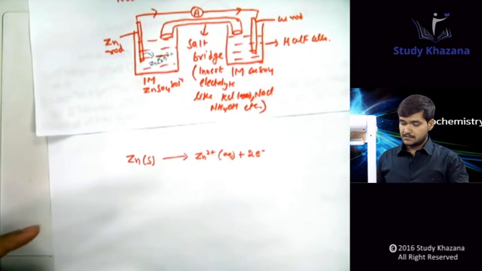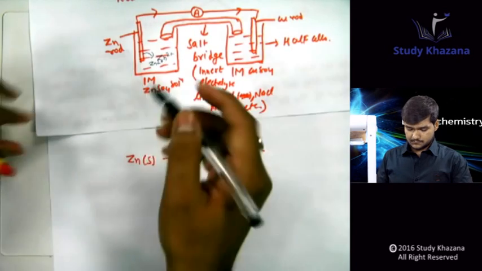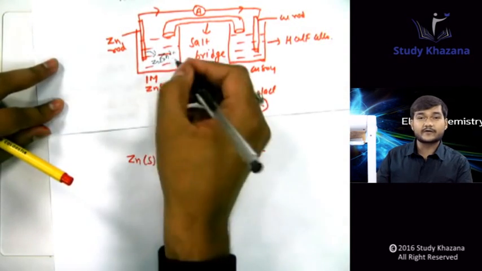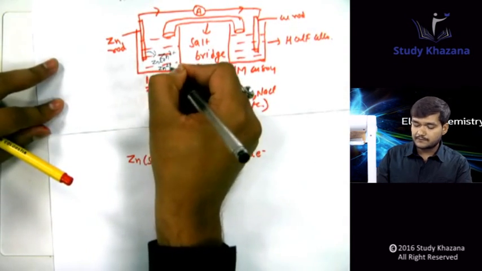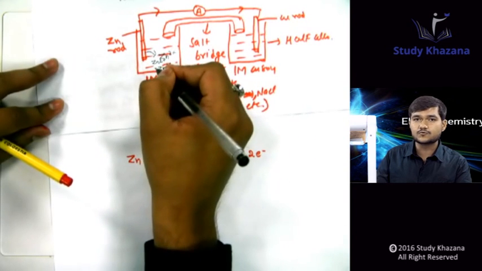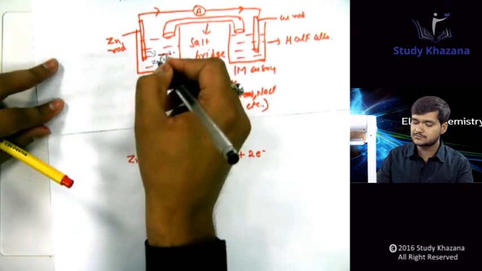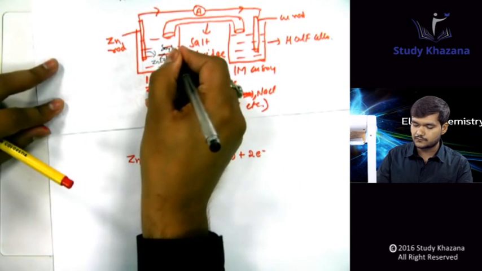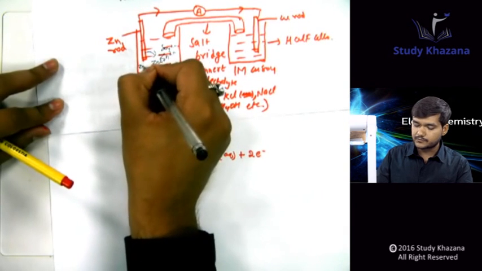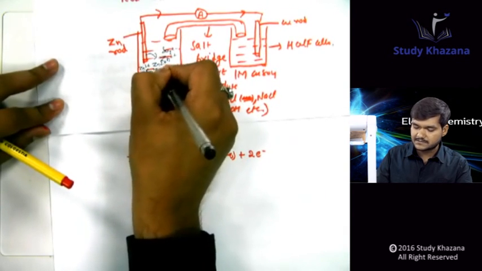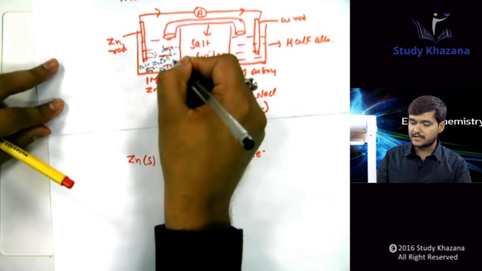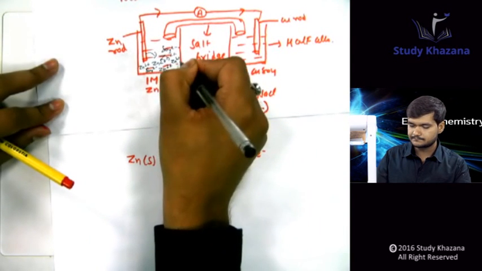Also some zinc ions are already present in the solution. When ZnSO4 dissociates, it produces Zn2+ and SO4 2- ions. So equal amounts of Zn2+ and SO4 2- ions are already present in the solution.